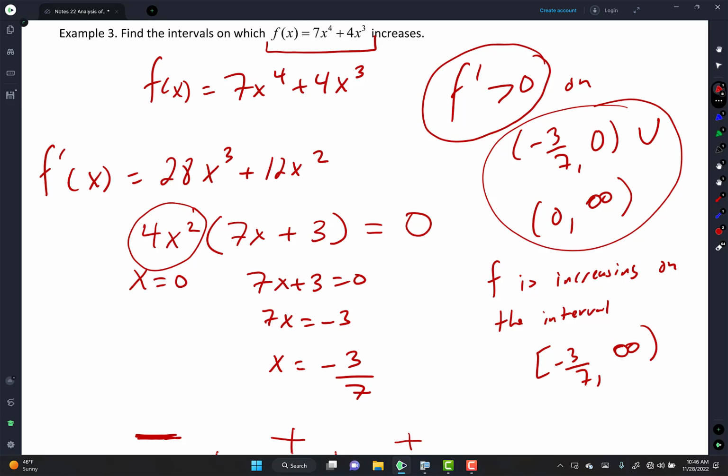Does anyone have issues about the bracket and the parenthesis and why we didn't break it up into two? How do we know that we have a bracket? Because you increase or decrease on an interval and on a closed interval. But it's okay. We would not count it wrong if you were to put parentheses.